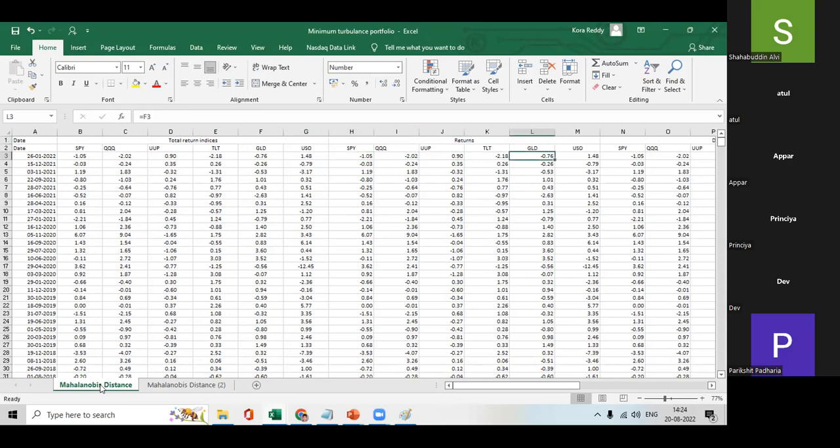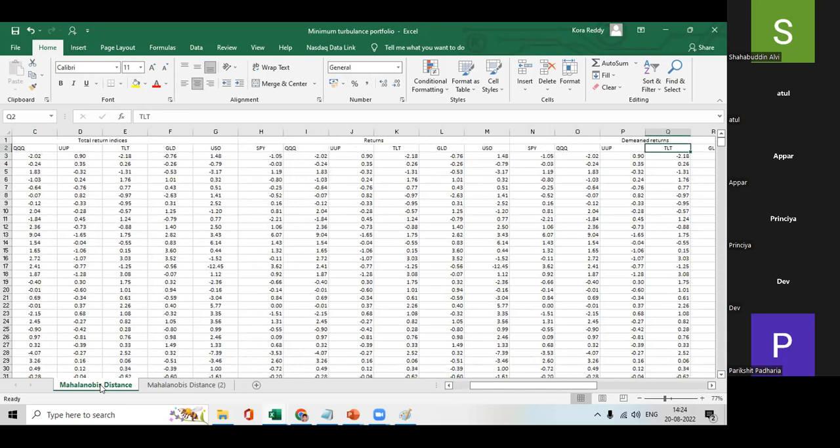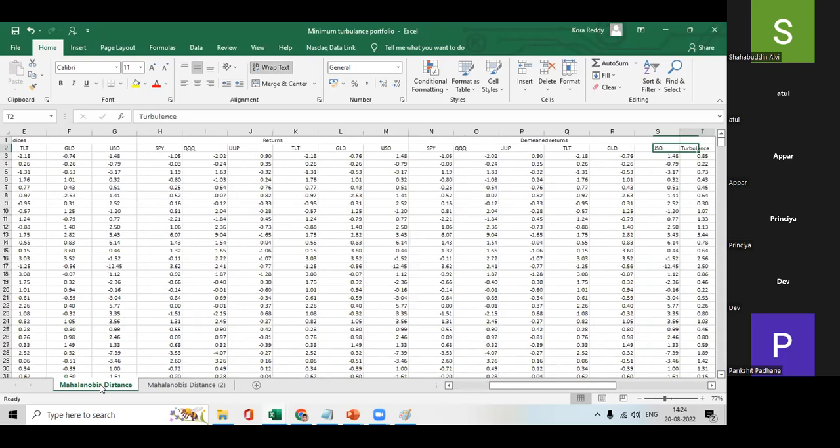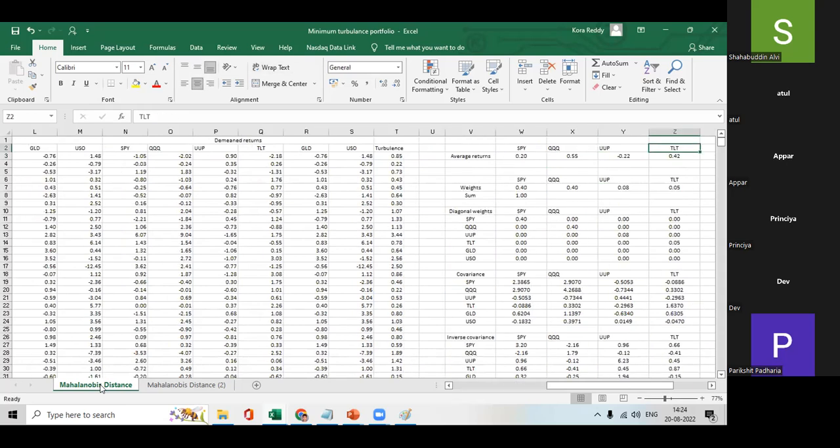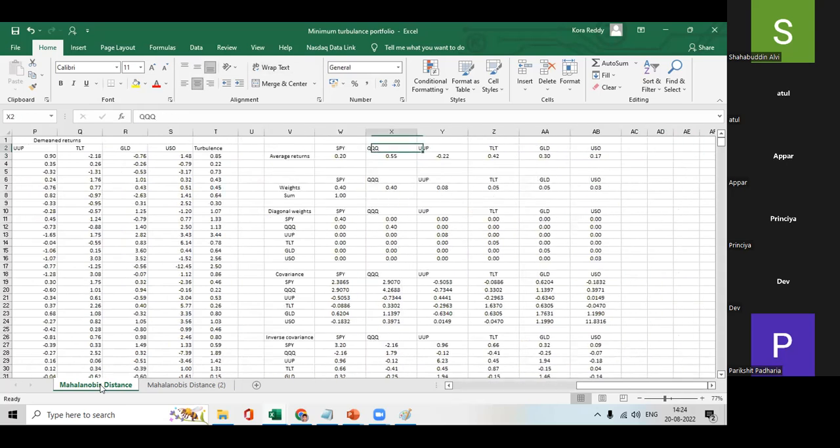The first step is returns, then DV, then calculate average returns, then allocate some weights. Then there is something called diagonal weights.